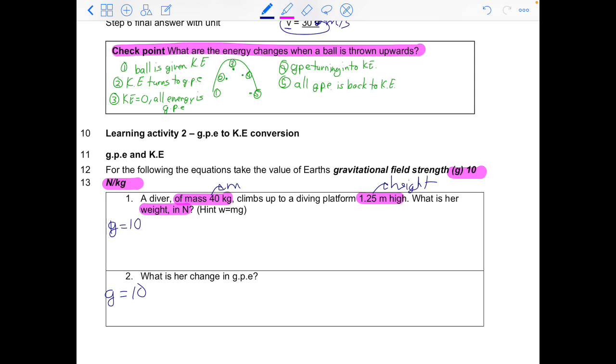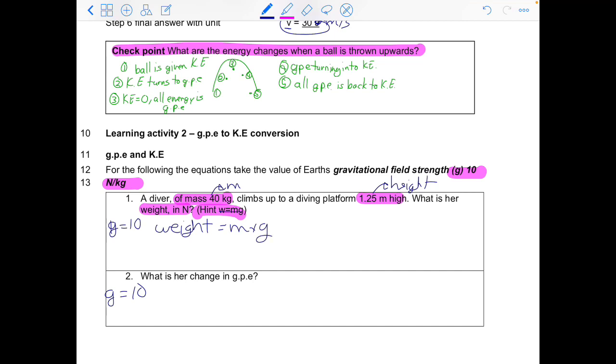So remember, weight is equal to mass times gravitational field strength. Okay, so they've actually given us the equation, the formula here. So our weight, and I don't like using the W for weight because W actually means work, which we'll learn about later. But weight is equal to mass times G. So we write out our equation again.